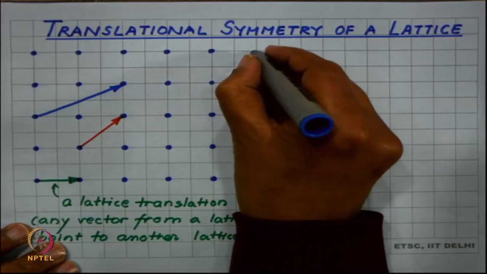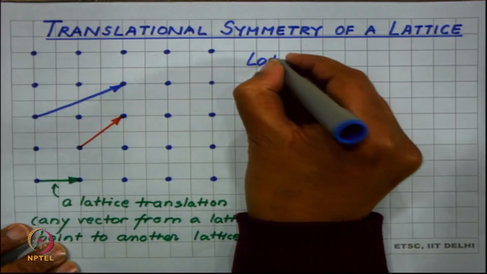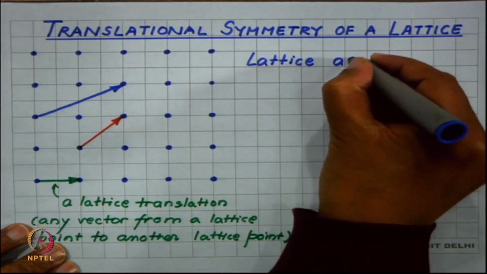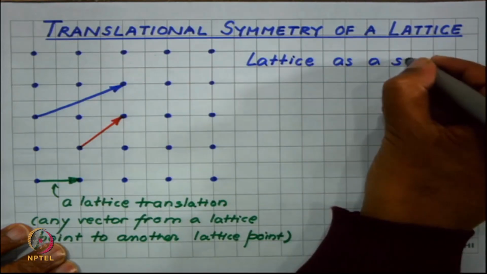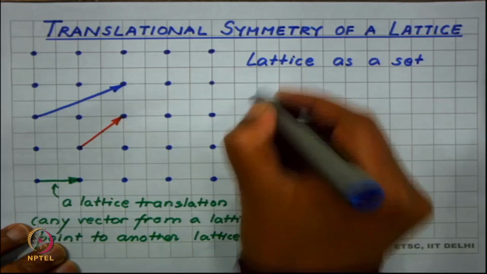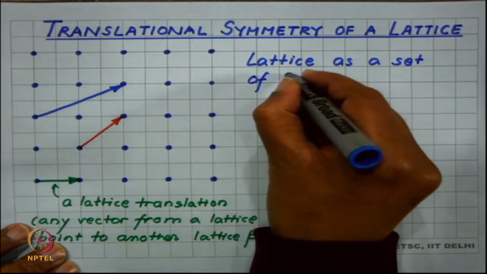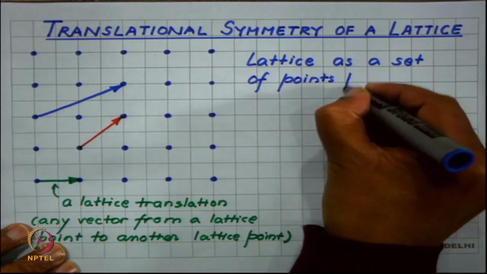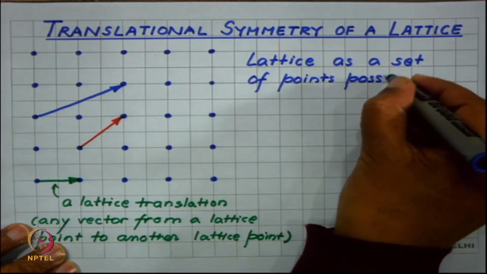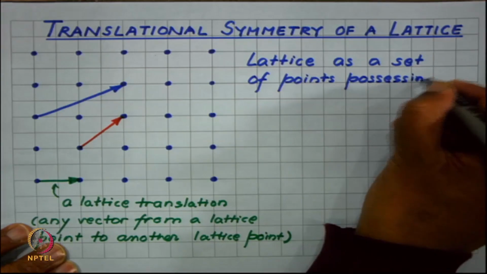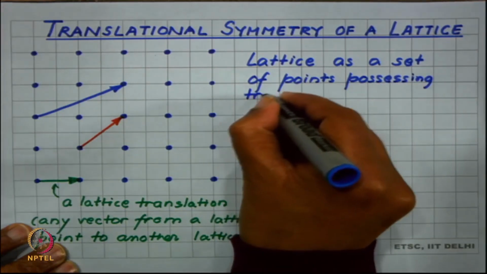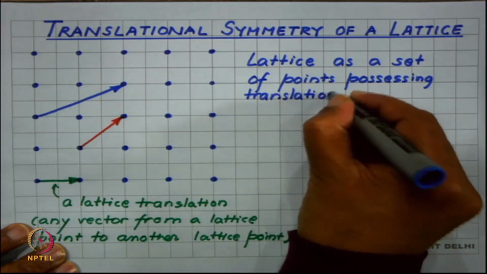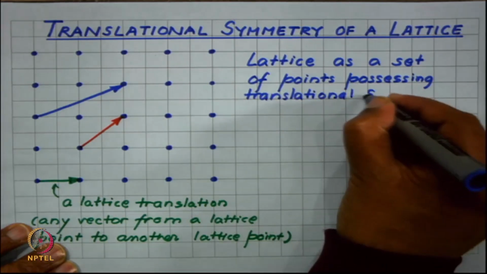In other words, we can define a lattice as a set of points possessing translational symmetry.